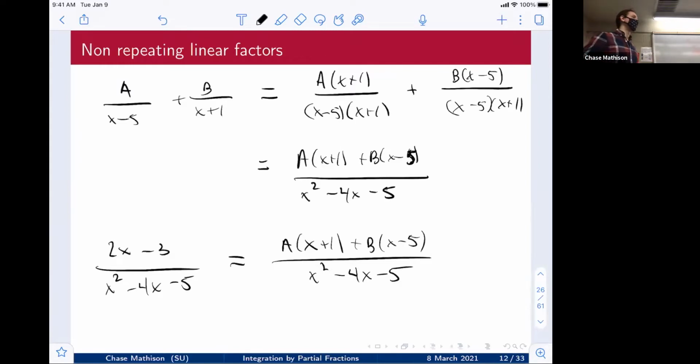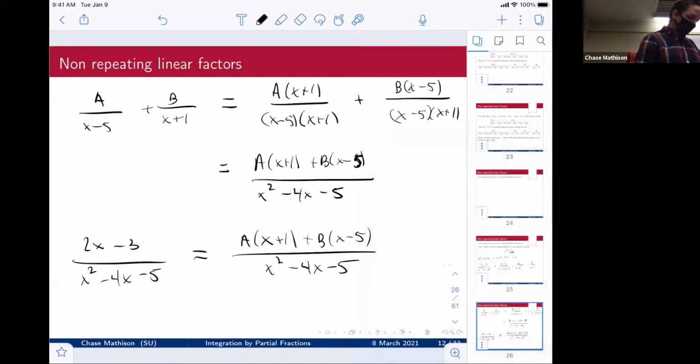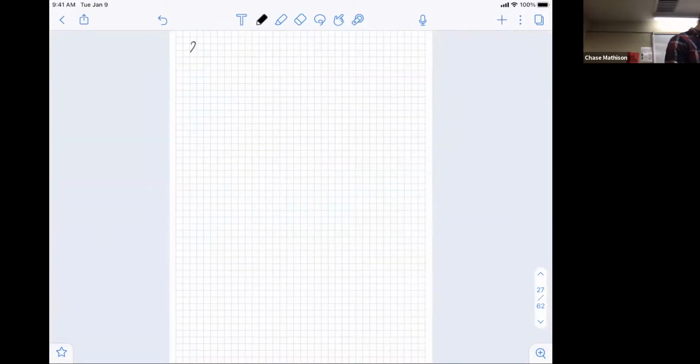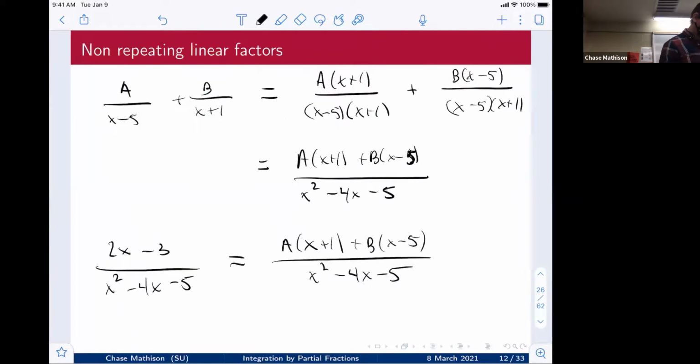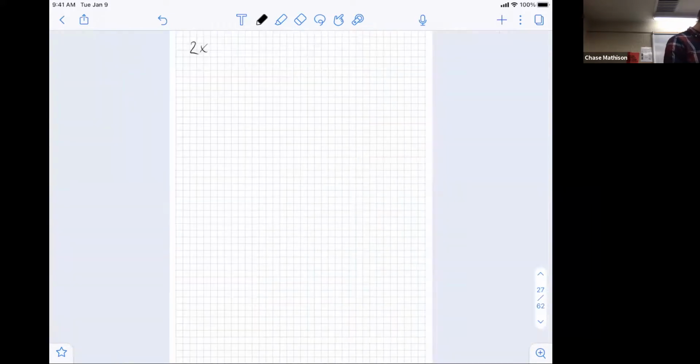The numerators are equal. So that gives me this equation to solve here. I set the numerators equal to each other: 2x minus 3 is equal to A times x plus 1 plus B times x minus 5.